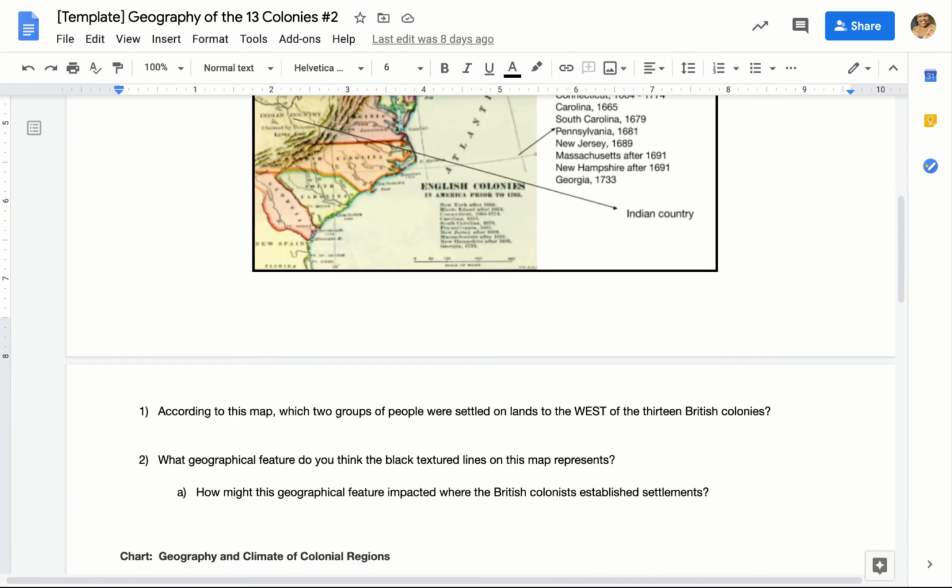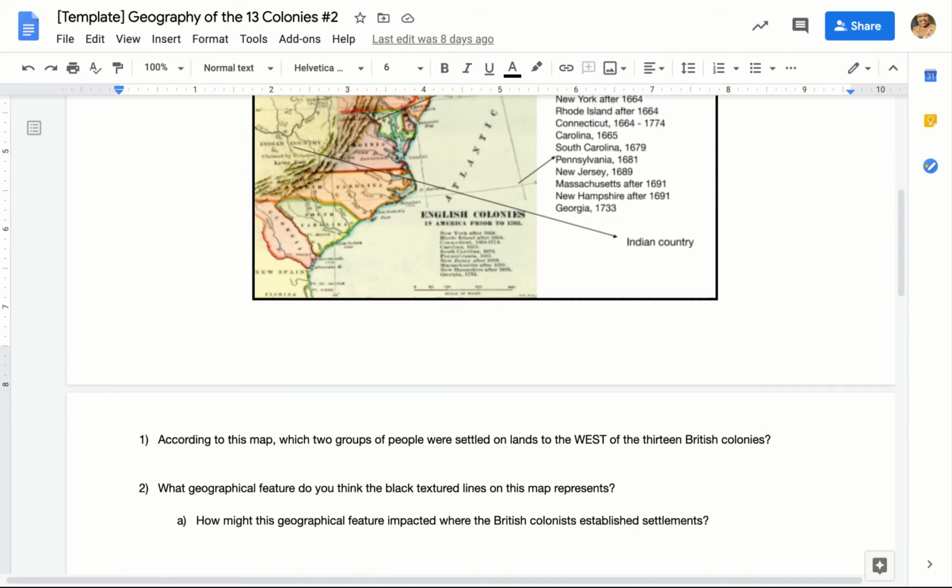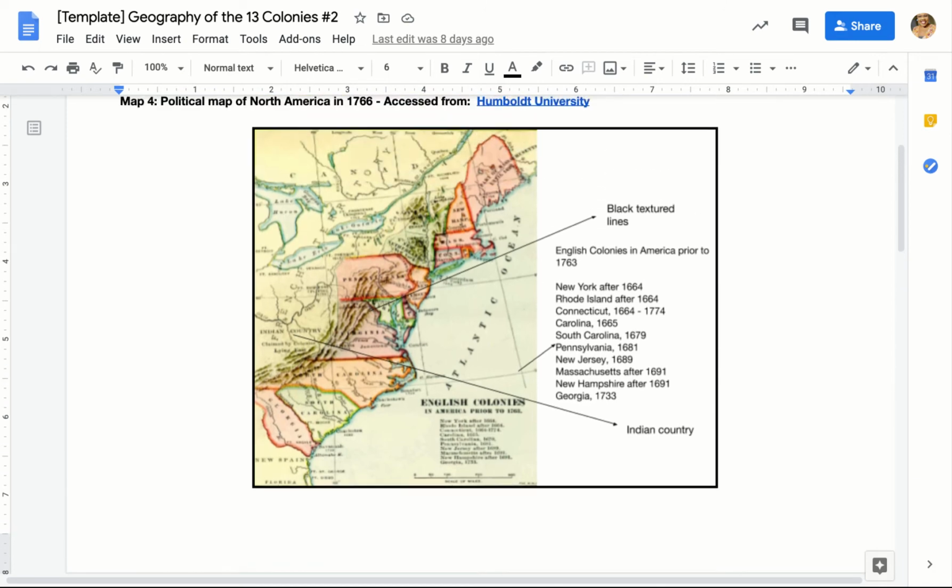And then the second part of that question is, how might this geographical feature impact where the British colonists established settlements? That's something to reflect on as you prepare to answer question 2A. And that's the map. That's pretty straightforward.